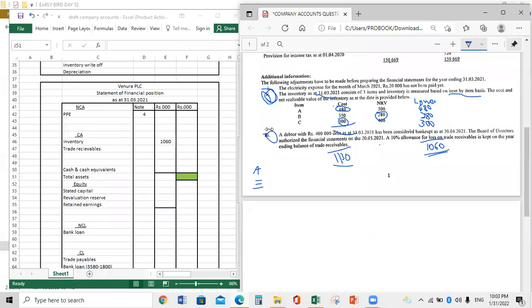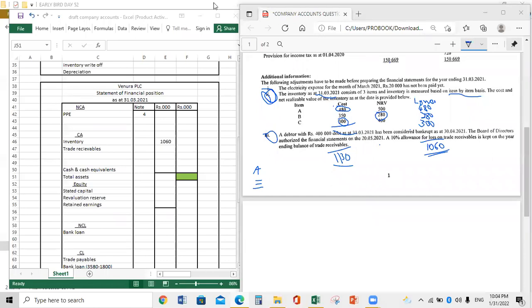See here. A debtor with a rupees 400,000 debt as at 31st March 2021 has been considered bankrupt on 30th April 2021. Guys, it's after the financial year, the debtor has become bankrupt. Our financial year ends on 31st March.